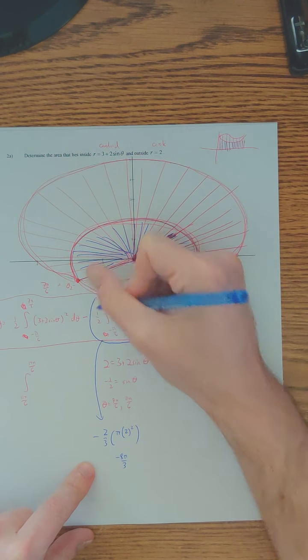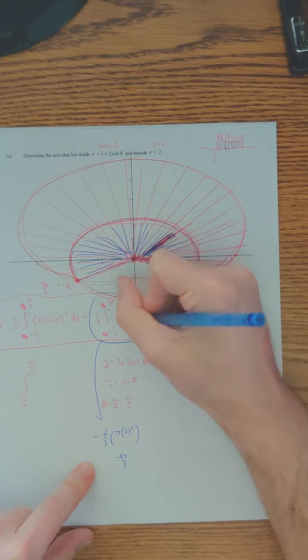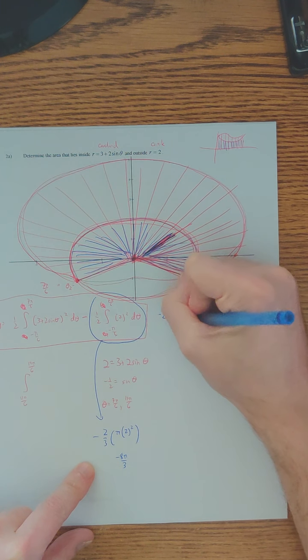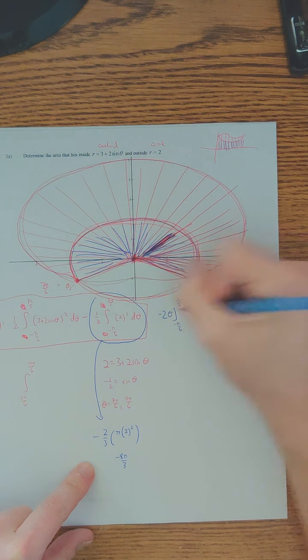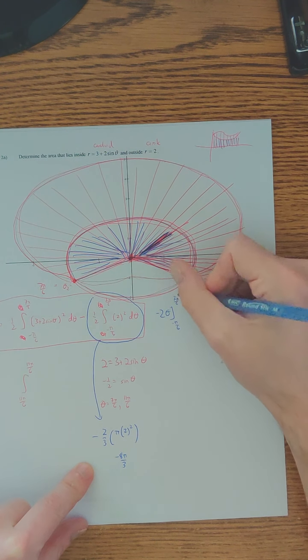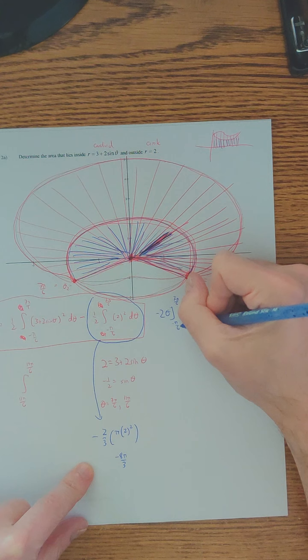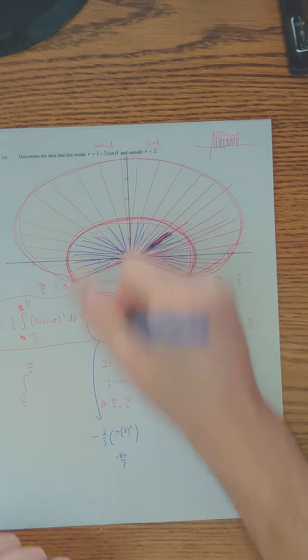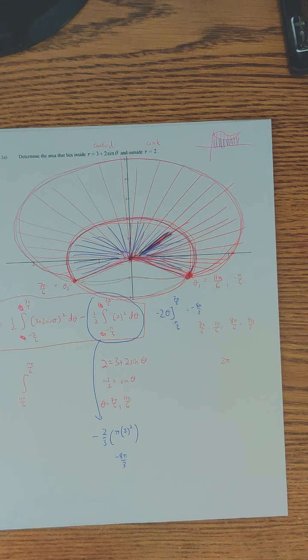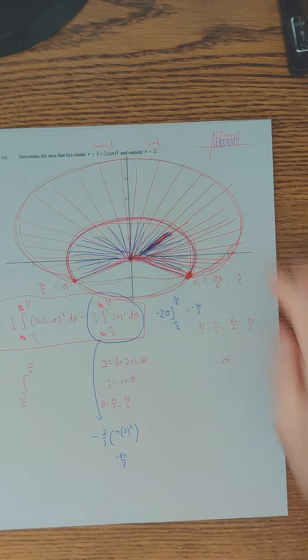When I pull that out, this is just minus 2, and I'd be integrating d theta. I would get theta from negative pi over 6 to 7 pi over 6. When I subtract those, this becomes 8 pi over 6 times negative 2, which becomes negative 8 pi over 3. So I can do that with an integral, or I can do that with geometry. Unfortunately, this first part has to be done in the calculator. There's no way around it.